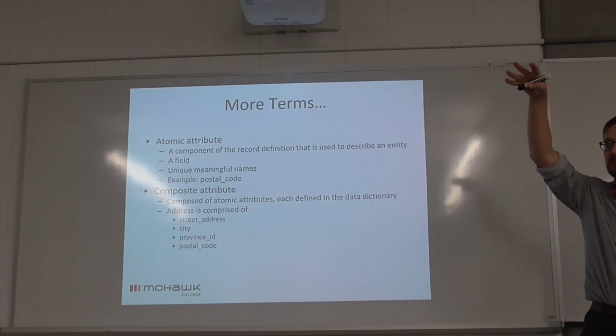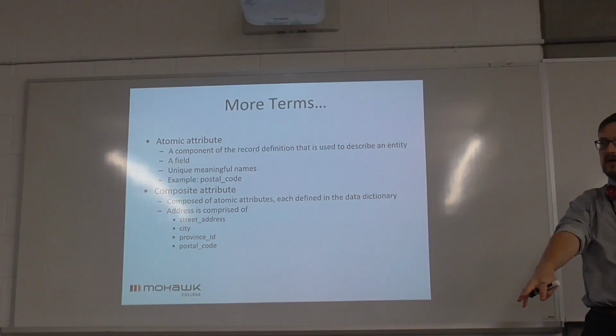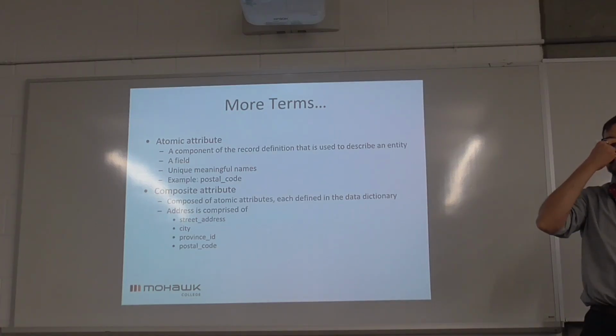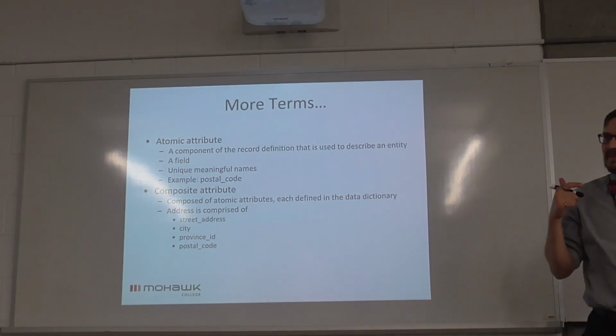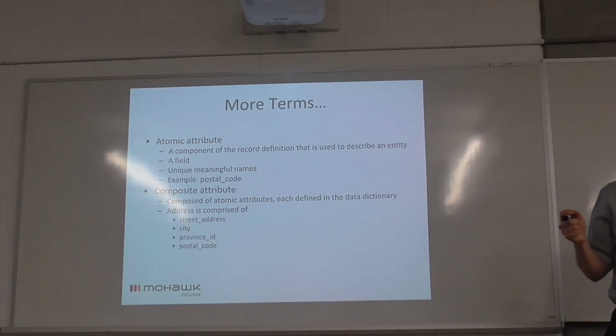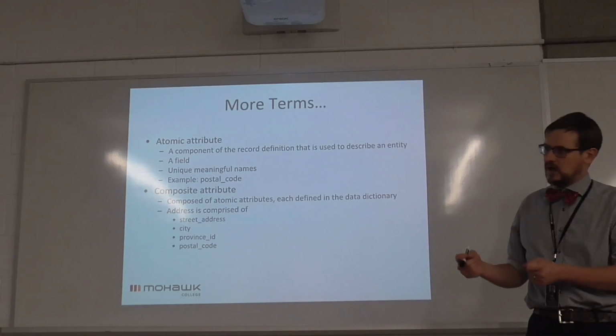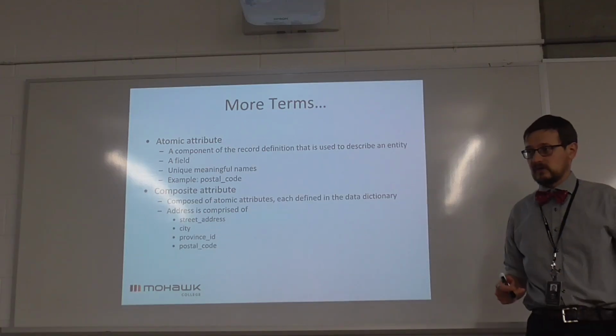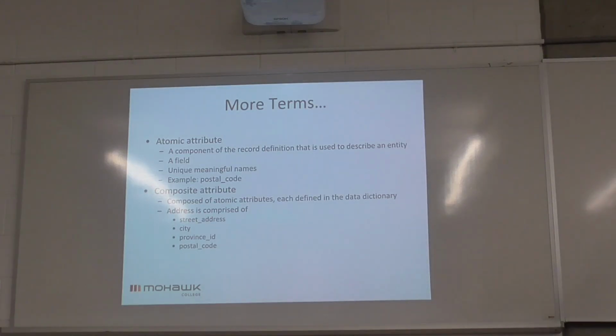we said that an attribute is a column, right? But some properties of an entity require more than one column, or at least we usually put them in more than one column. The best example is an address, someone's address, right? Street name, province, postal code. These are all different fields, right?